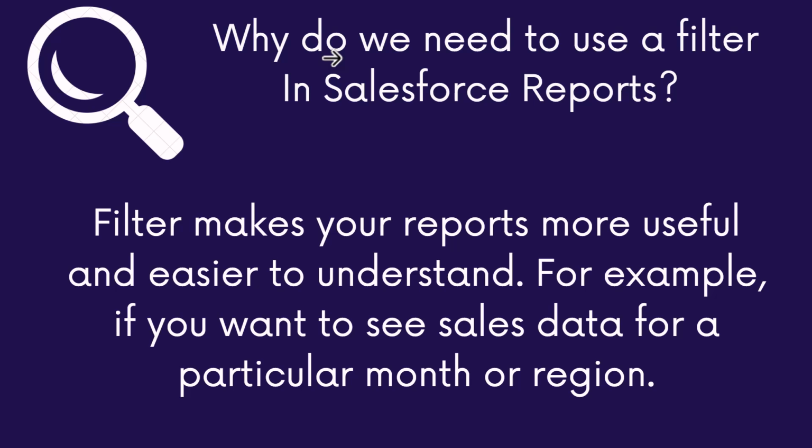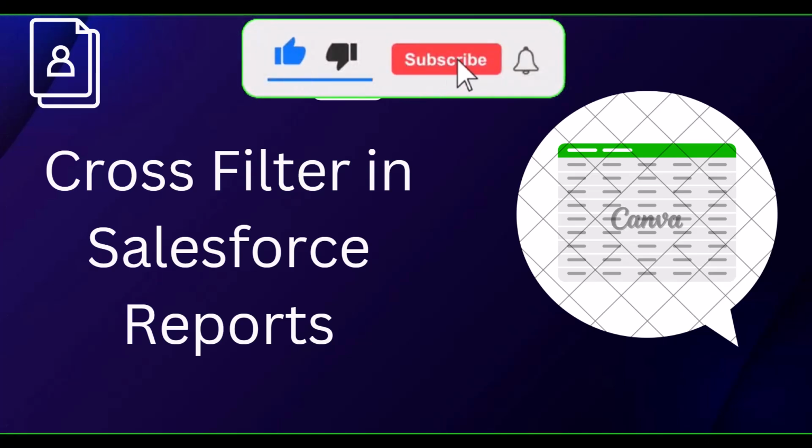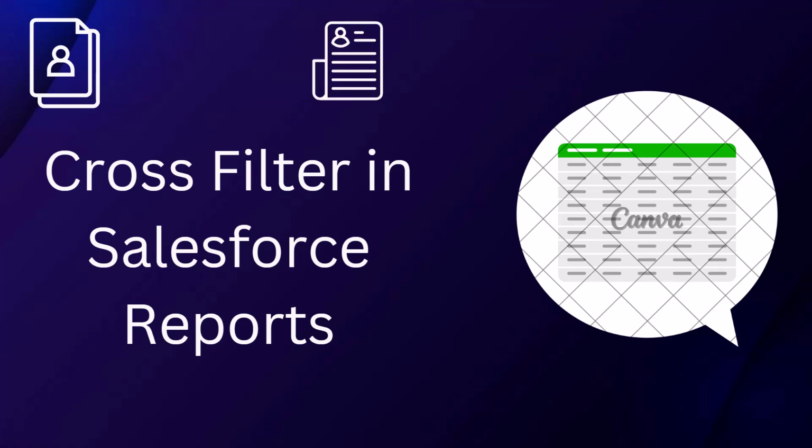Now let's move ahead and discuss what a cross filter in Salesforce reports is. A cross filter in a Salesforce report allows you to filter data based on related records. This means you can include or exclude records in your report based on whether they have related records that meet certain criteria.